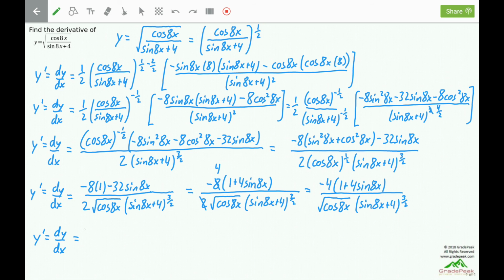The numerator we're just going to keep as is, so -4, 1 plus 4 sine of 8x. We're not going to do anything with that. It's all about this denominator, and we have the cosine of 8x under a square root, and we'll have sine of 8x plus a 4, and it's to 3/2.